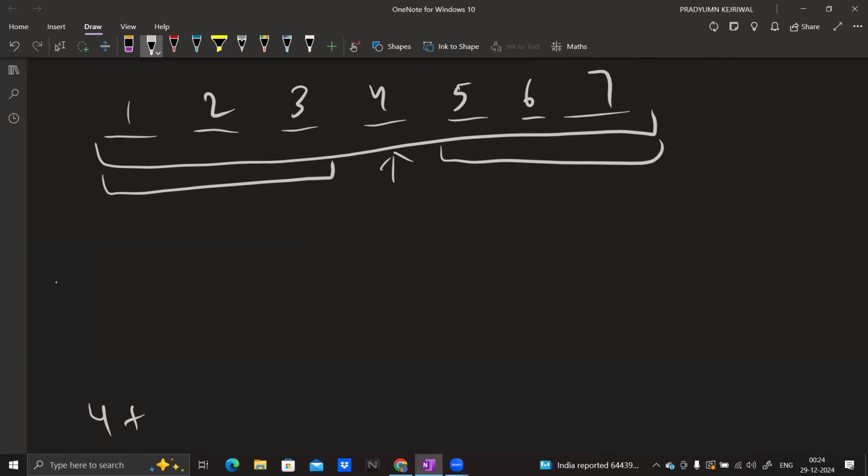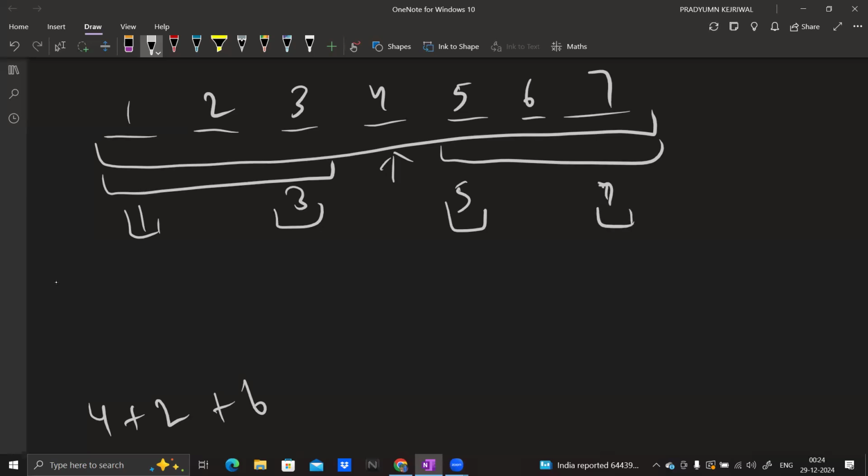She'll break the first into just one, add 2 to the answer, and break it into 3. Same for this segment: she will break it into 5, add 6 to the answer, and break it into 7 as well.